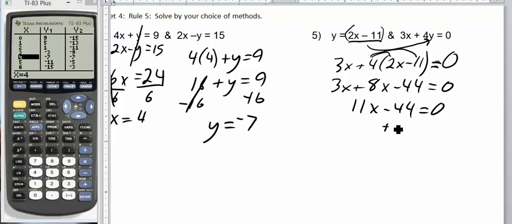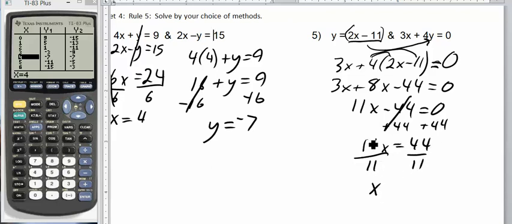Move this to the other side. Plus 44, plus 44. 11x equals 44. Divide both sides by 11. And x equals 4. But we're not done. We have to take this 4 and put it back in one of those equations.